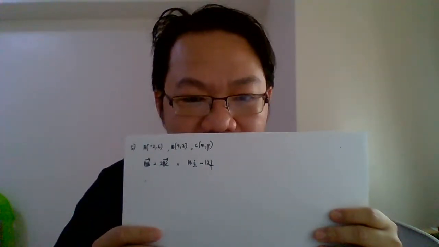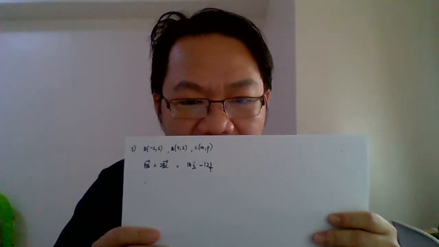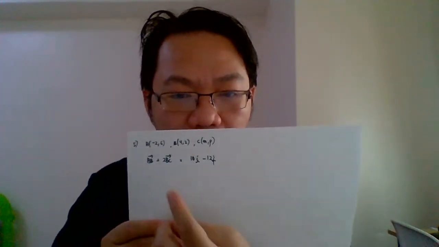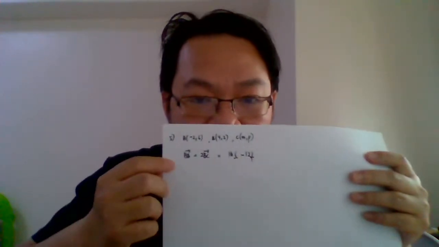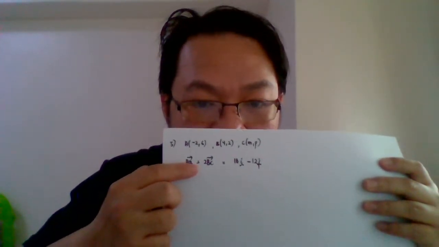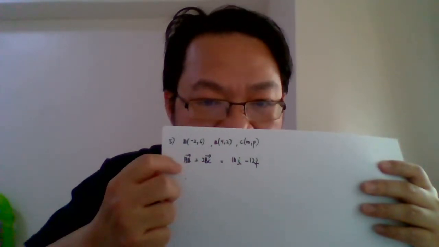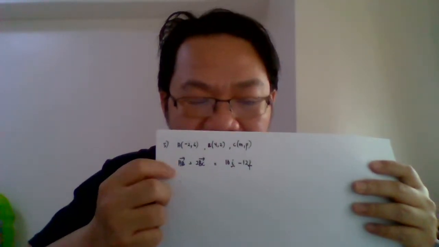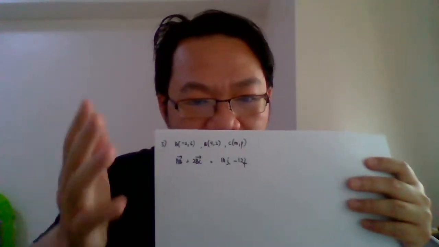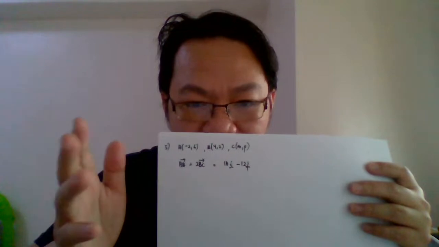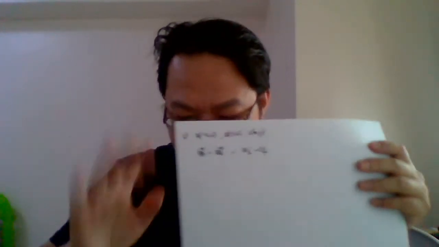Nak dapatkan M and P, before that, we need to solve this problem first. The equation given here is AB plus 2BC vector. How to find the vector AB? How to find the vector BC? You must use at least 3 huruf, right? Sangat mudah jangan risau.